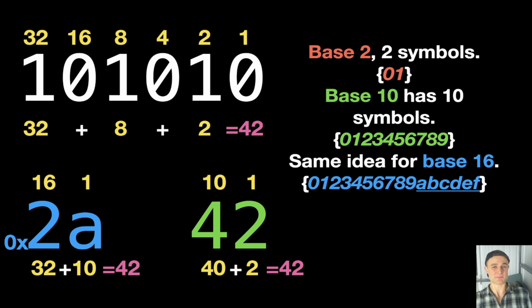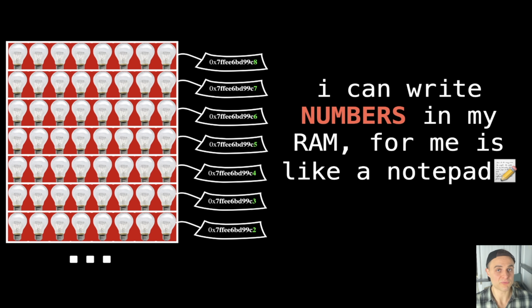So this lesson has been kind of tricky. You need to do your own research to digest this material, I think, but TLDR, we can store numbers inside our computer. These numbers are in binary because our physical RAM is made up of binary elements, namely light bulbs, namely transistors. So we need to encode values in this configuration.